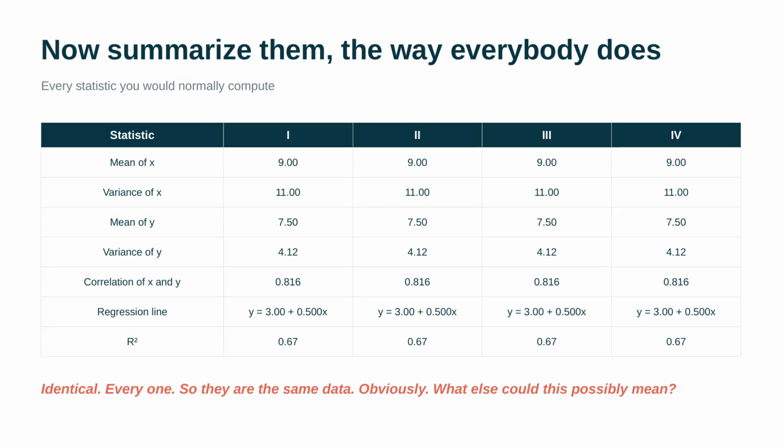Fit a linear regression, and you get Y equals 3.00 plus 0.50x. In all 4. R squared, 0.67. In all 4. Every summary statistic you would normally compute, every number you would normally put in a table, is identical. So they are the same data. Obviously. What else could this mean?